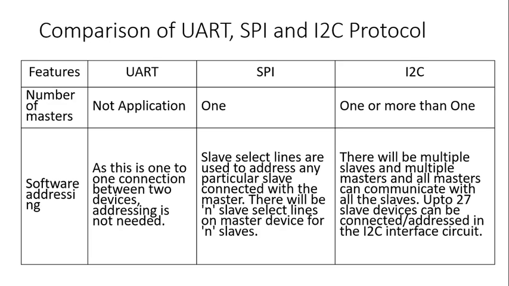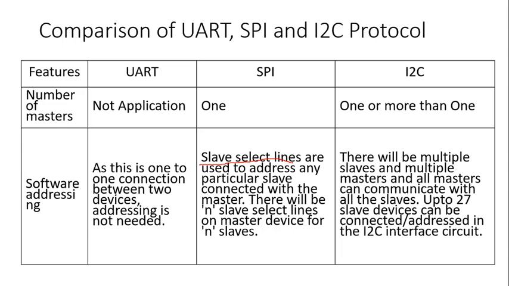Number of masters we have seen there. Then software addressing. As this is a one-to-one connection between two devices, no addressing is present. In SPI, slave select lines are used to address a particular slave. So here you are using the slave select addressing. There will not be any software address required for slave selection.